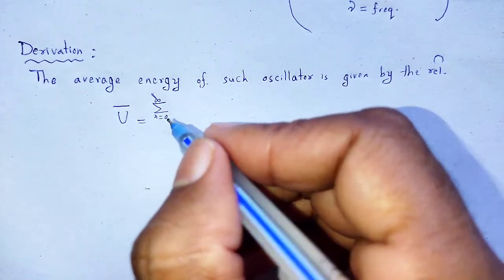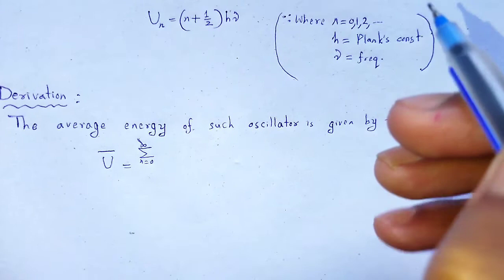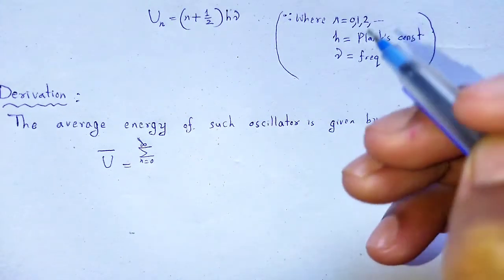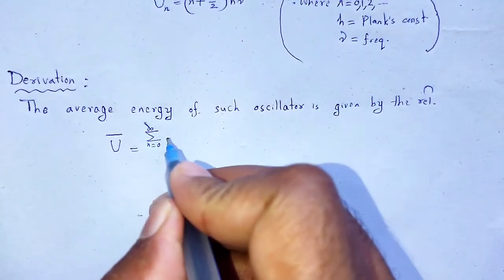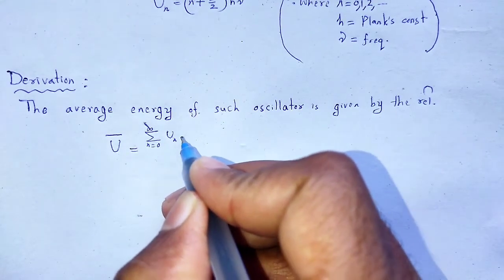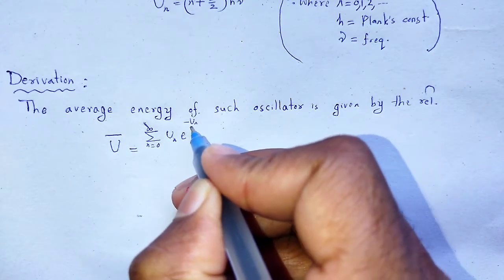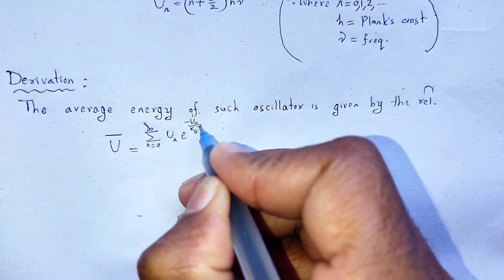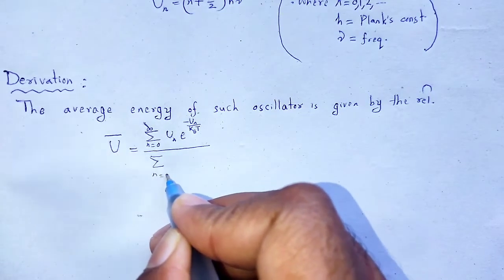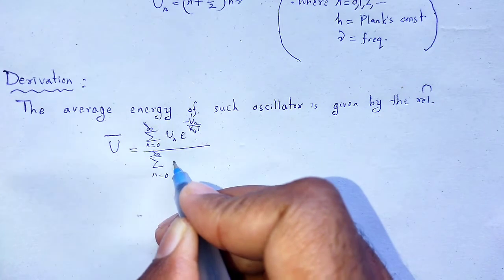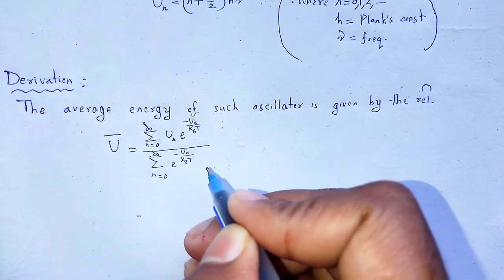Instead of integration we use summation, as the energy spectrum is discontinuous, but in the case of the Dulong and Petit law it is continuous, therefore we use integration with limits minus infinity to plus infinity.